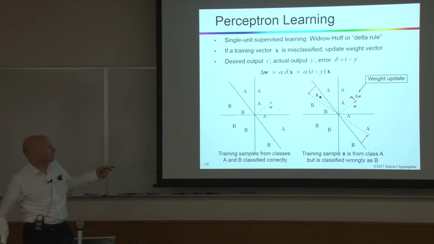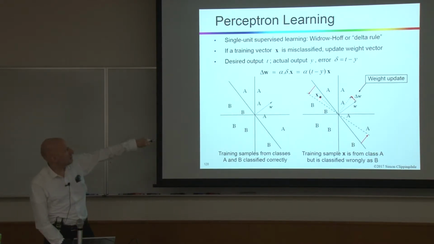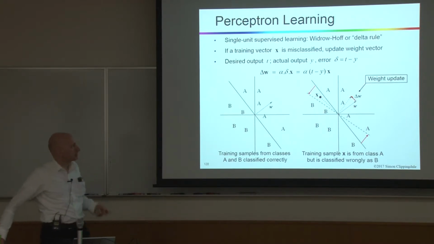So in this example, here's our weight vector w, and that creates a decision boundary down here, which separates classes A and B. Now, in this example here, this input vector x is from class A, but it gets wrongly classified as B because it's this side of the boundary.